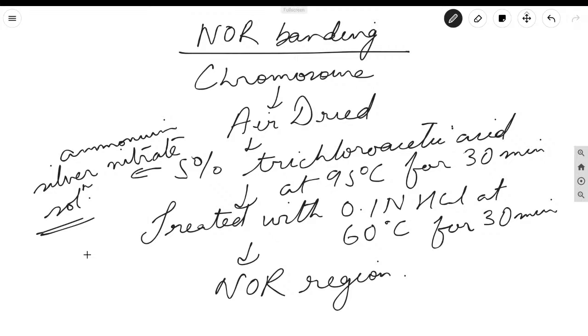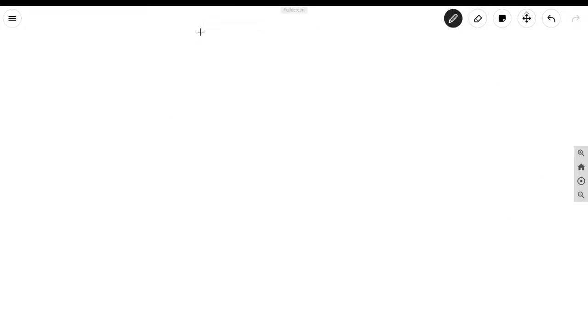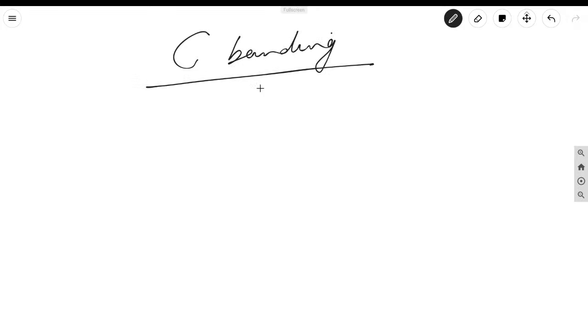Then the last method I'll come to is the C banding technique, or centromere banding technique. That is the last topic. Here the chromosome is treated with an alkali solution.